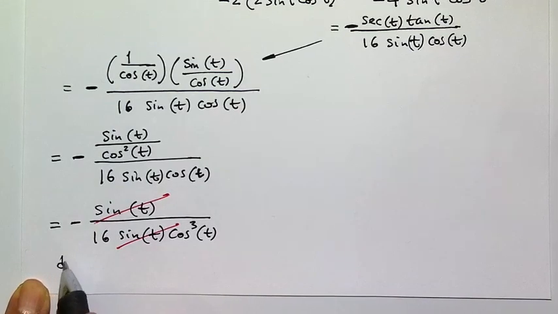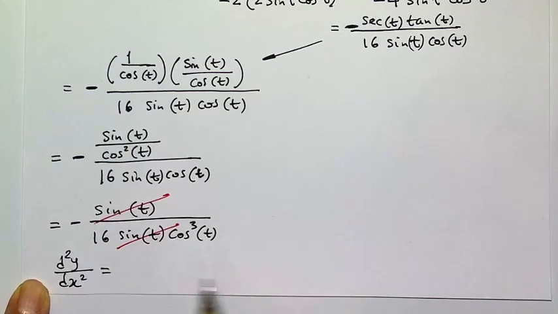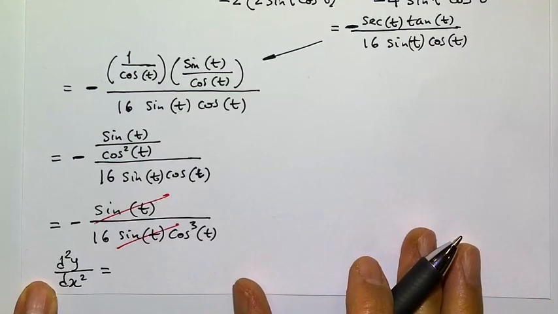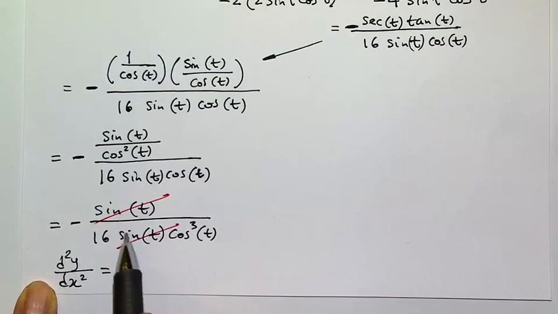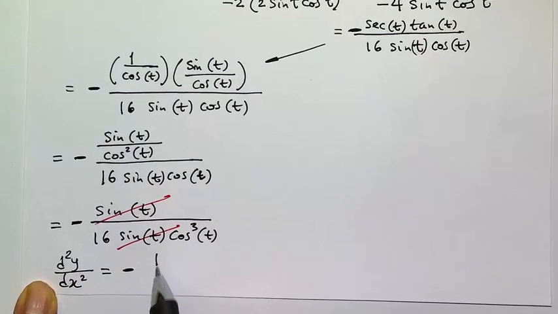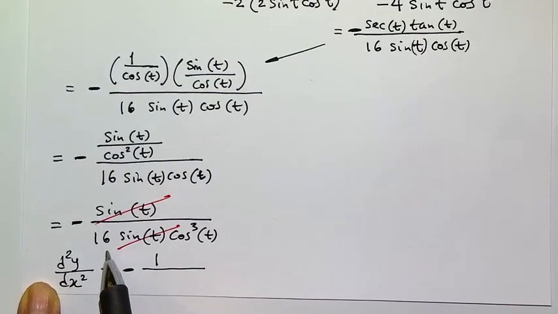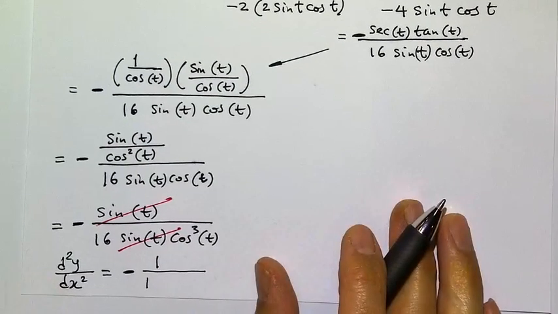So we have d squared y, or the second derivative of the slope with respect to t, is minus 1 divided by 16 times cosine cubed t.